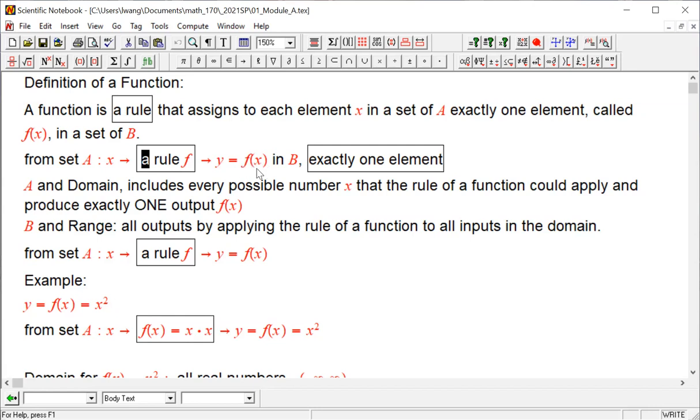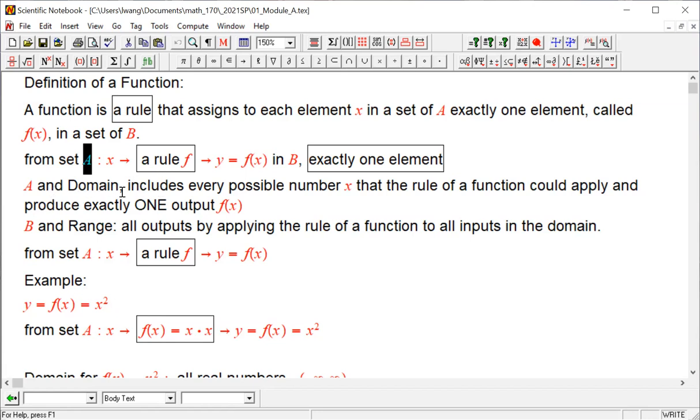And how many outputs can it produce? For each input, it can only produce exactly one output, exactly one element. And all of these outputs will be in B. So there are two sets: set A, which is the input, and set B, which is the output. A is usually a collection of all possible inputs.